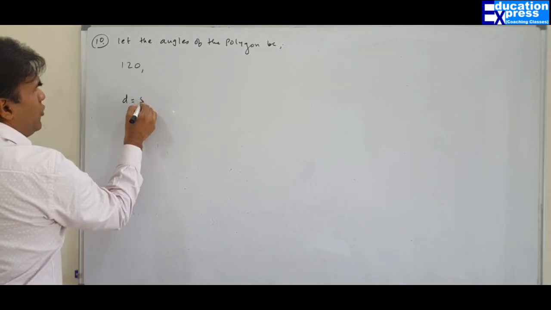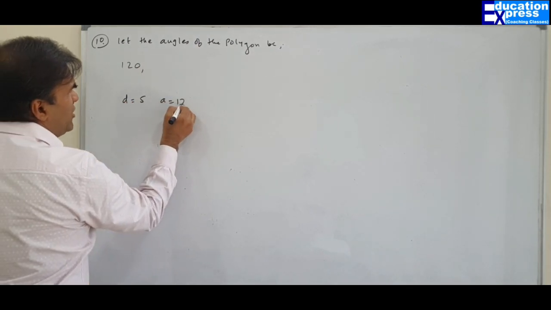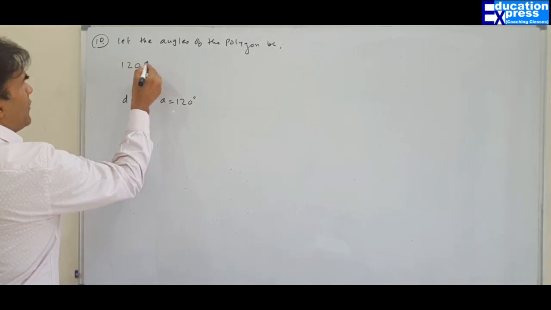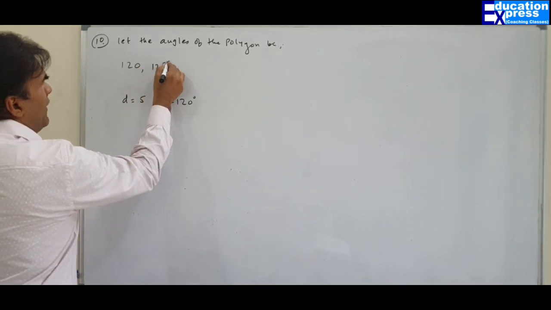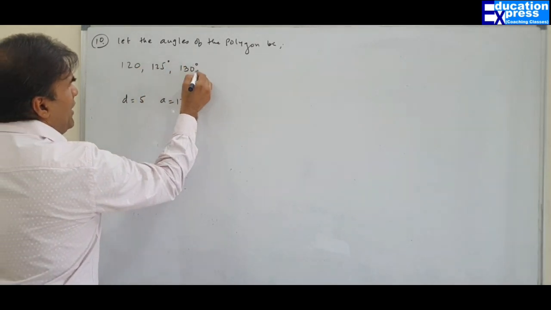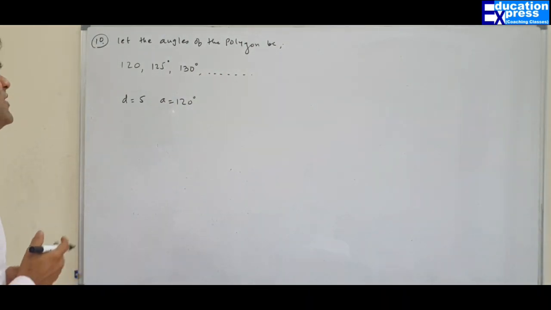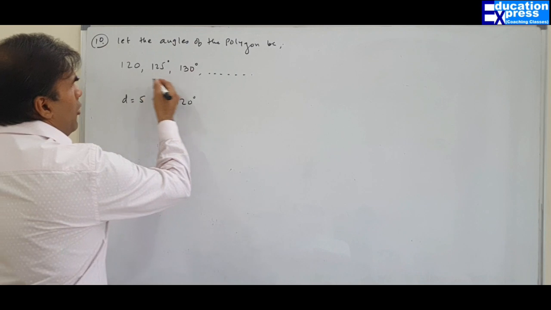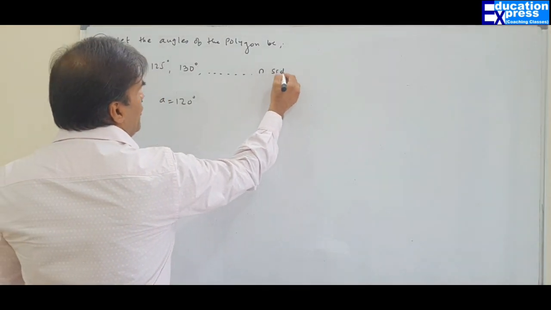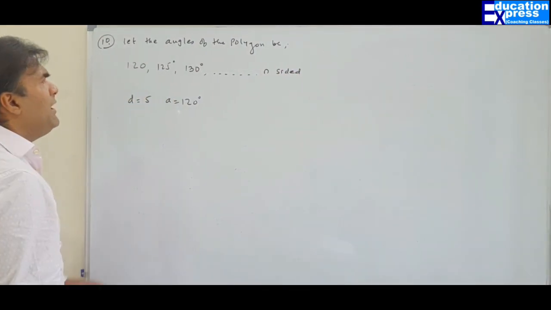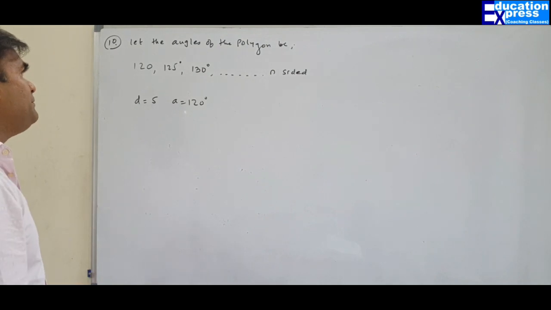Since d is given as 5, a is given as 120 degrees. So 120, 125, 130 degrees, how many are there? We don't know, because we are not aware of the number of sides of the polygon. N-sided polygon. We have no clue about that.